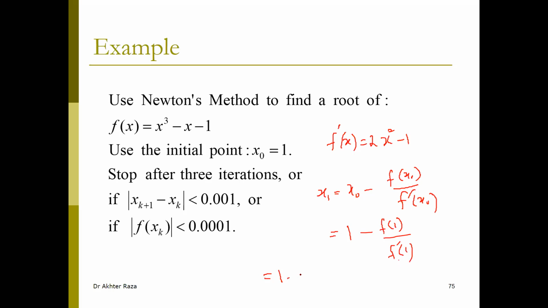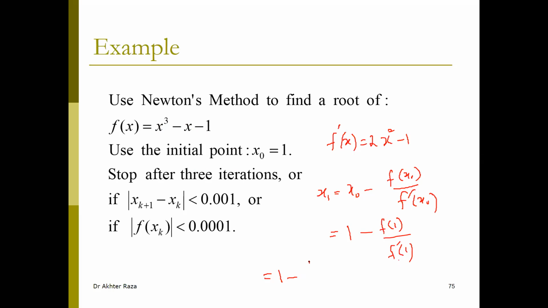This is equal to 1 minus f1, the value of the function at 1. So we have to plug in the 1 here. If we plug in the 1 here, this will become 1 cube minus 1. So 1 minus 1 becomes 0, and minus 1, this is minus 1.